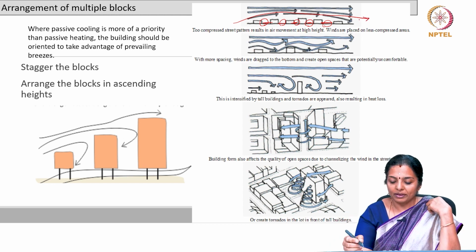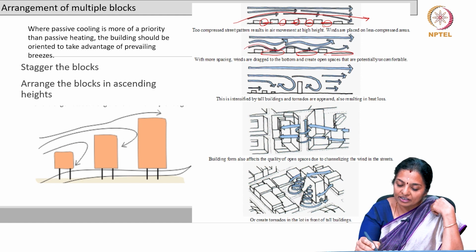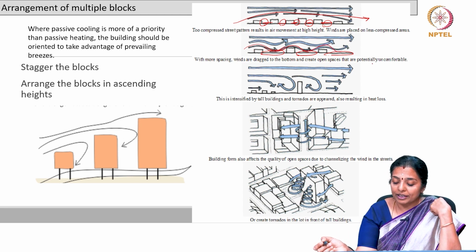Percolation does not happen, whereas if you have wider spaces between the buildings, then the wind is dragged to the bottom, into the open spaces, that are potentially uncomfortable. This is intensified by tall buildings and tornadoes appear. Here we mean very small tornadoes, also resulting in heat loss.